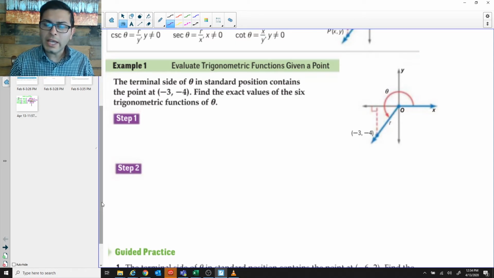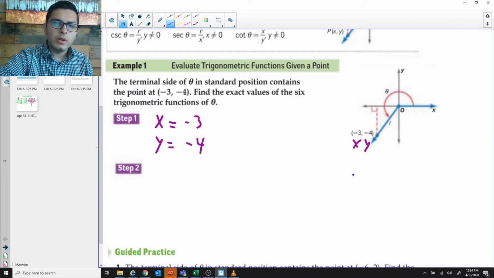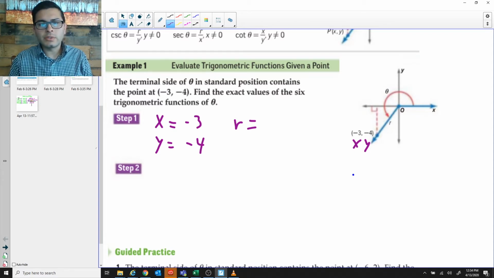If you notice, we have our x and y already. If we look at our example problem right over here, we have our x and we have our y. So I'm just going to label it x equals -3 and our y equals -4. What is our r going to equal? Well, our r is going to equal that function that we set up there.